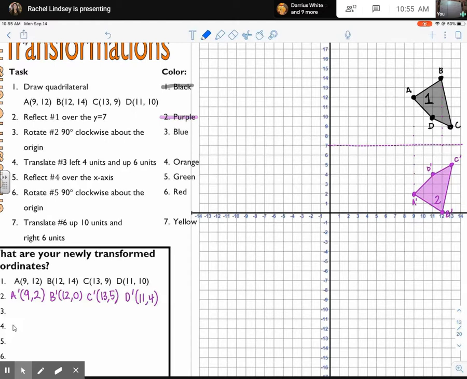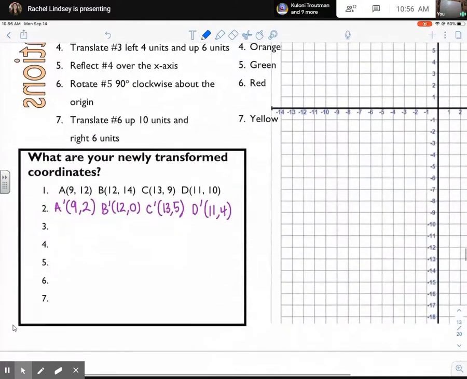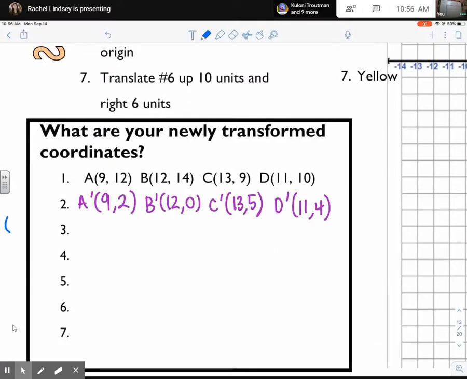And if you look at number 3, it says rotate number 2 90 degrees clockwise about the origin. So I'm going to take the one I just did, the purple one, and I'm going to change it. So I need to go 90 degrees clockwise. So I know with a 90-degree turn, I switch my X and my Y, and since it's clockwise, it goes to the right, so my X sign changes. So Y, negative X. That's on the board too, if you forgot it.